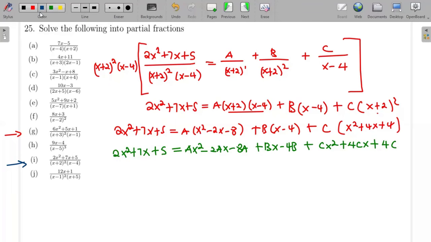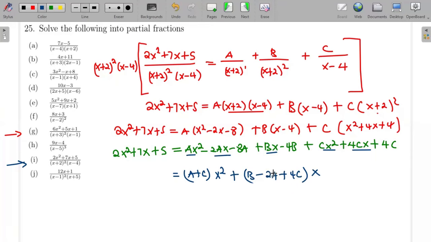So now on my right-hand side, I'm going to group them. Those that have x squared, I'll put them together. So that will be (A plus C), and then I factorize the x squared. Those that have x, it will be this, that, and this. I'll start with the positive one, so it will be (B minus 2A plus 4C), and then I have factorized the x.